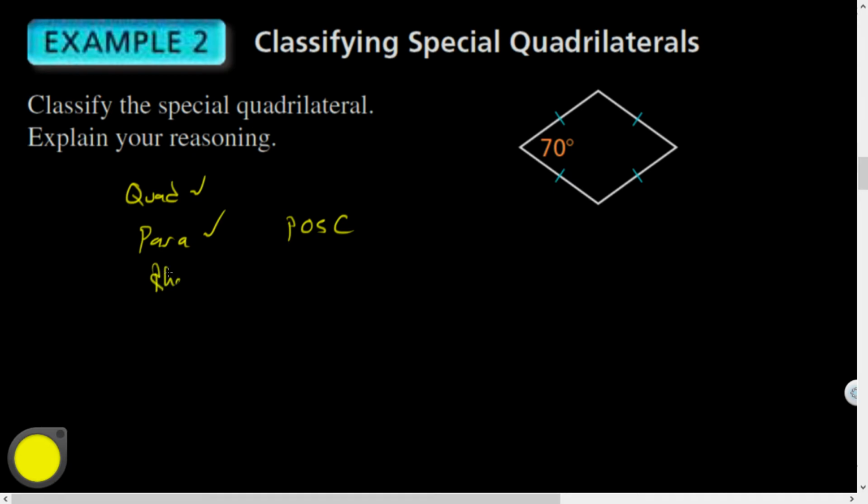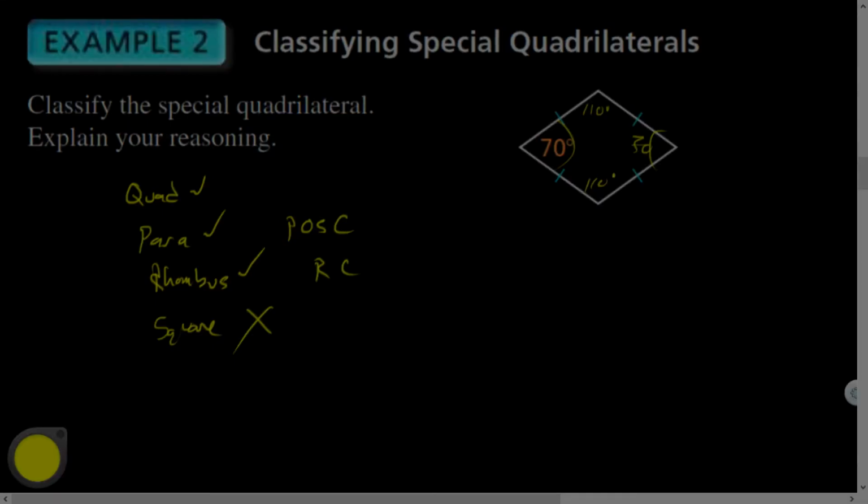It's a rhombus by the Rhombus Corollary because opposite sides are congruent. Is it a square? No, it's not a square because this angle is going to be 70 and this one is going to be 110. There will be some problems on the test like this. If you answered parallelogram, although it is a type of parallelogram, it would not have been the most specific answer, which is what we would have been looking for.